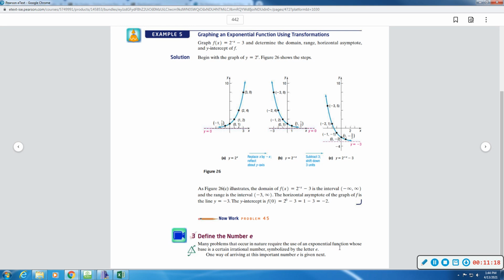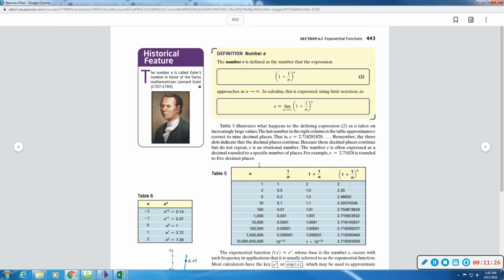So e is a number like pi, used for exponential. We use that quite frequently in exponential graphs. So here's the part where they're defining e. Now we don't actually use this, but you do want to look at it and get familiar, or at least have a little understanding of where it comes from. It's hard to follow this because it requires calculus, and we're only in college algebra.